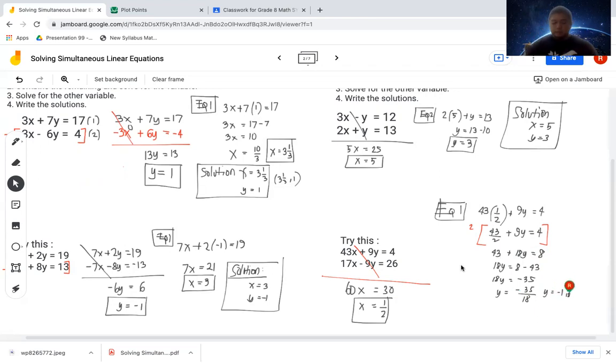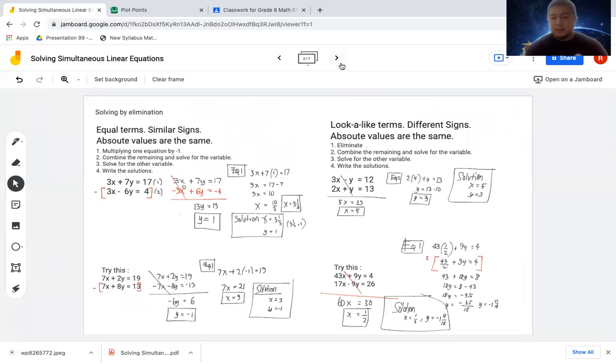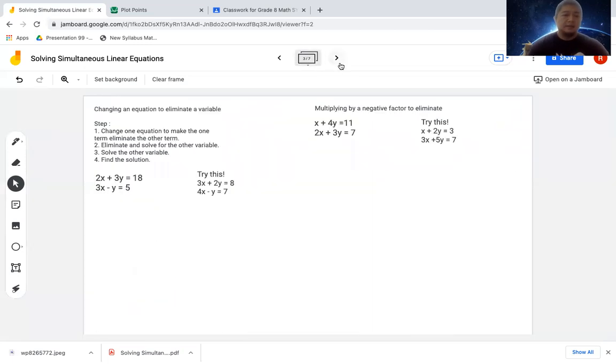All right. So upon getting that, this would tell you that the solution is that x is equivalent to half and y is equivalent to negative 1 and 17 over 18. Okay. I hope you guys were able to understand that. Okay, now let's move on to the next kind.